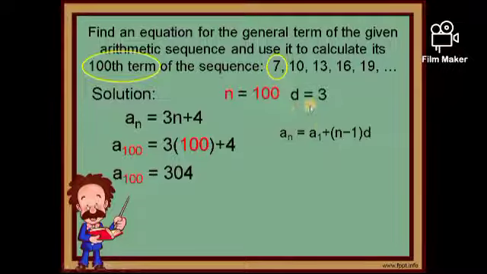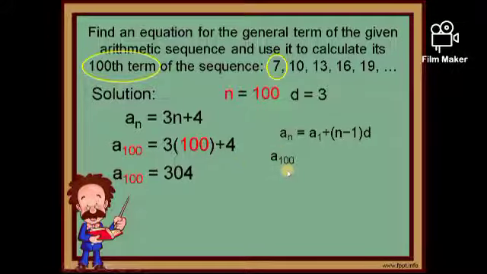We also need the common difference. A sub 1, first term, and the common difference. And we know n: if we want the 100th term, this n becomes 100. So let us substitute all the given values to this equation. Let's see if we get the same answer as 304.